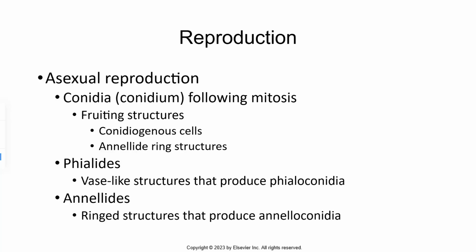Reproduction. As I mentioned, one of the main ways to identify molds is not only by the hyphae, but by the spores that are produced and the reproductive structures that produce those spores. Asexual reproduction is predominant for fungi. Asexual means that it doesn't need to combine its genetic material with another organism of the same species in order to create offspring.